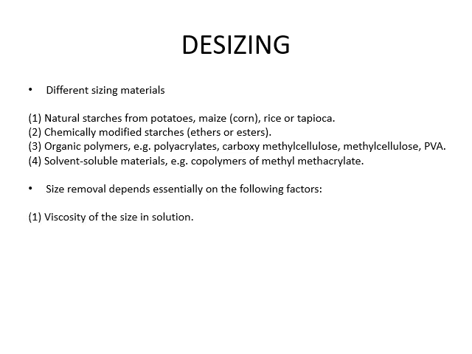In that, the first important factor is the viscosity of size in the solution. At the time of sizing, if viscosity is very low, then penetration of size material in the yarn will be more, and removal will be difficult. If viscosity is too high, then penetration will be less, coating on the yarn will be limited, and removal will be easy.